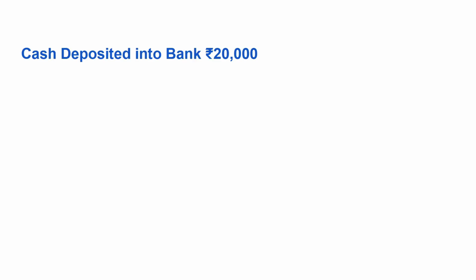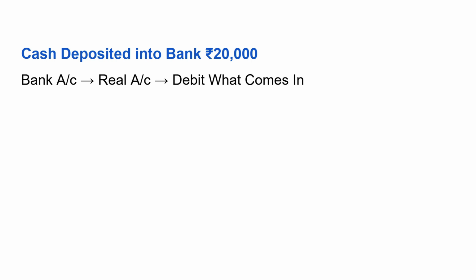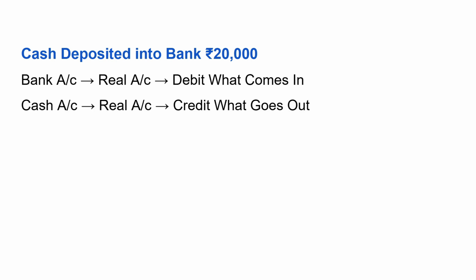Cash deposited into bank, 20,000 rupees. Here the two accounts affected are bank account and cash account. Bank account is real account, and the rule for real account is debit what comes in. And cash account is also real account, and the rule is credit what goes out.